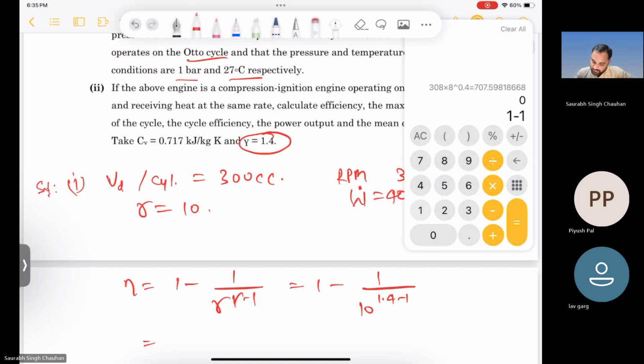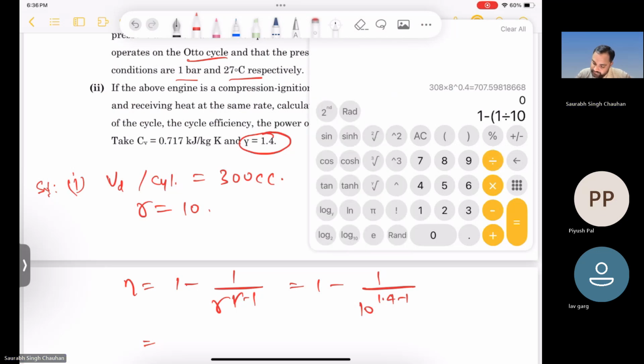1 minus 1 divided by 10 to the power 0.4.